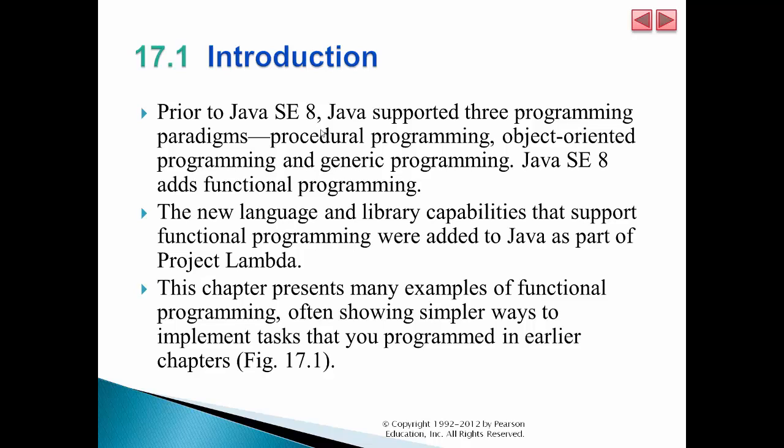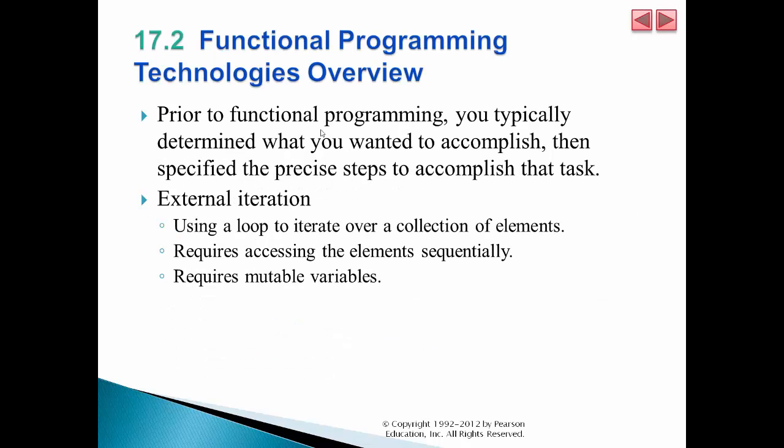And now, after Java Standard 8, we have a new programming paradigm incorporated into the language. It's called the functional programming paradigm. It has its own capabilities and its own syntax for representing our programs.